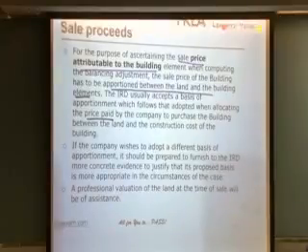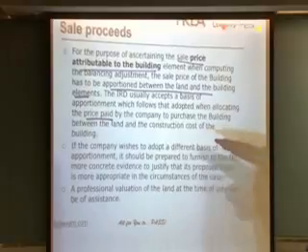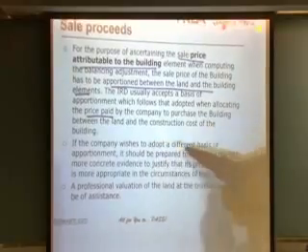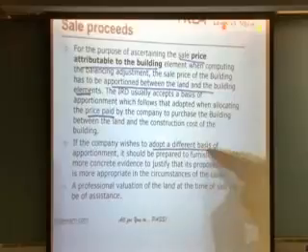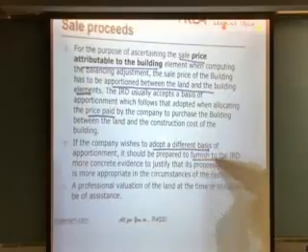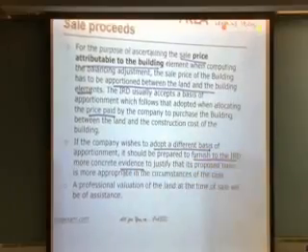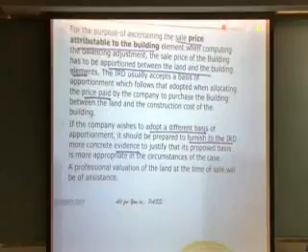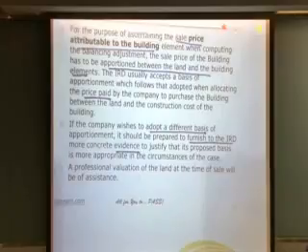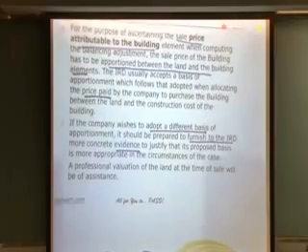Otherwise, if you think your land is much more valuable, then you need to adopt different basis by furnishing to the IRD evidence. Why I need to differentiate the price between the land and building? Because I want to calculate the balancing charge as low as possible, so that you don't have more income to be taxed by the IRD.